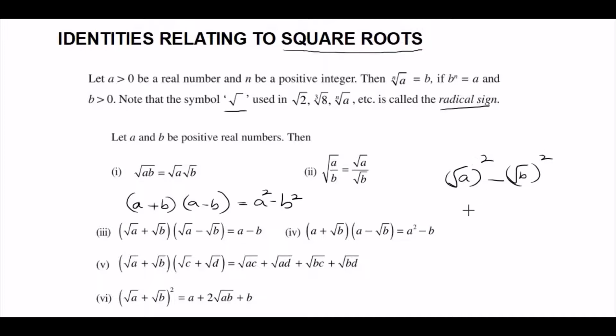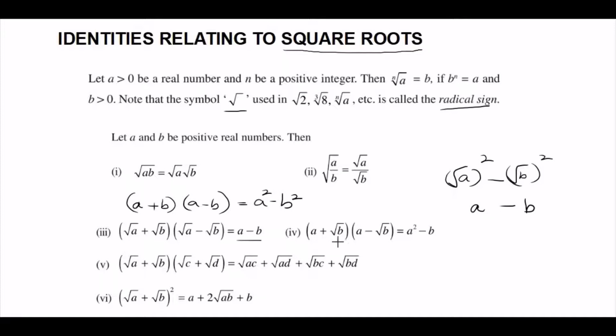Root a square is root a into root a, that is a, and root b square is root b into root b, that is b. So the answer is a minus b. That is, if you see root a plus root b into root a minus root b anywhere, you can write a minus b there.